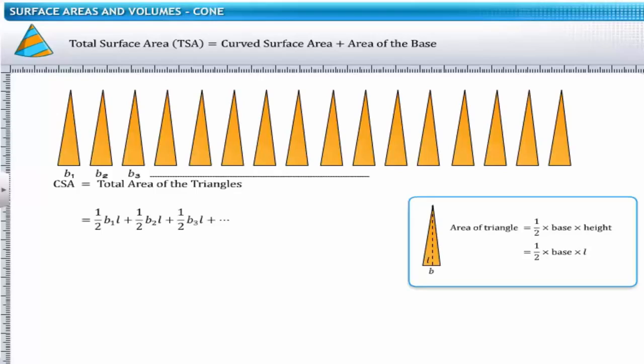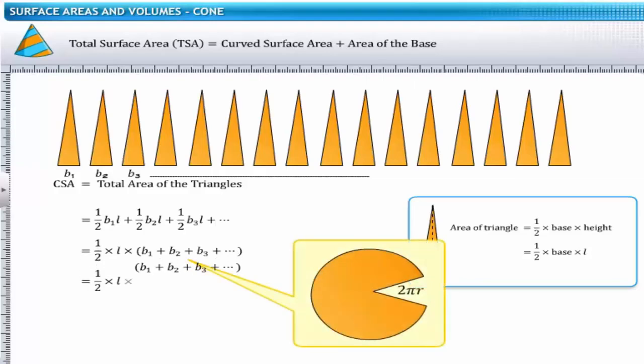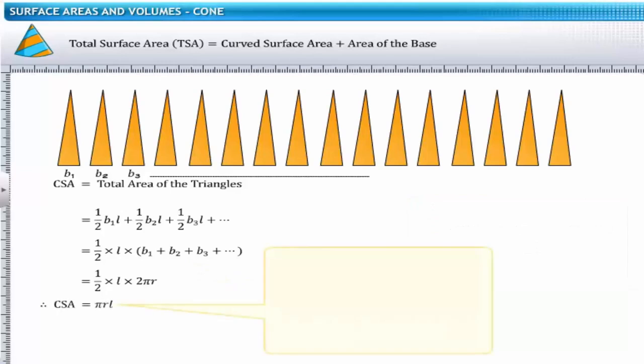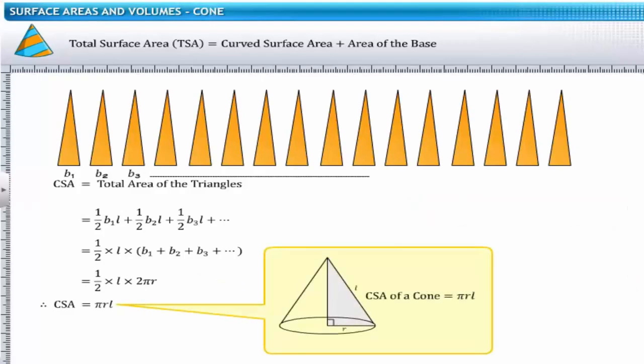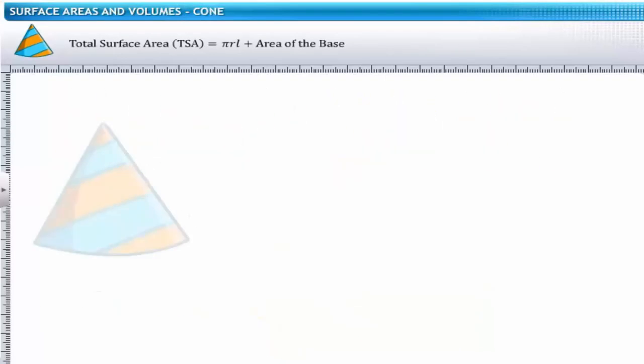The total area of all the triangles can be calculated as shown here. Taking half and L as common, we get the total area of the triangles as half slant height into the sum of the bases. Here the sum of the bases can be substituted as 2 pi r. Thus the curved surface area of a cone is equal to pi r L, where r is the base radius of the cone and L is its slant height.